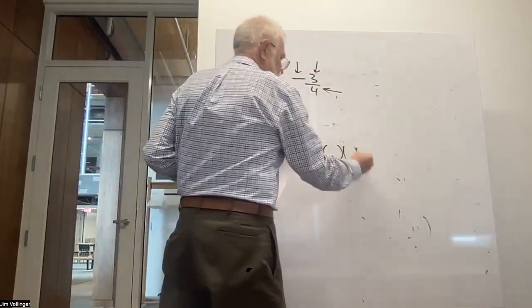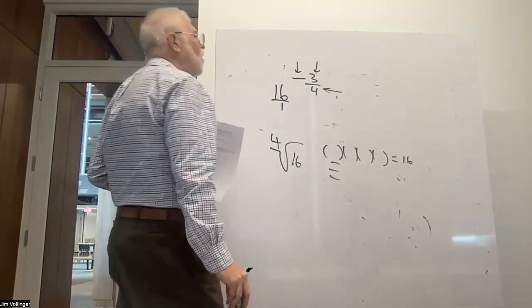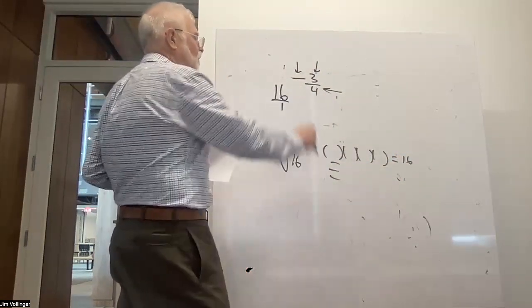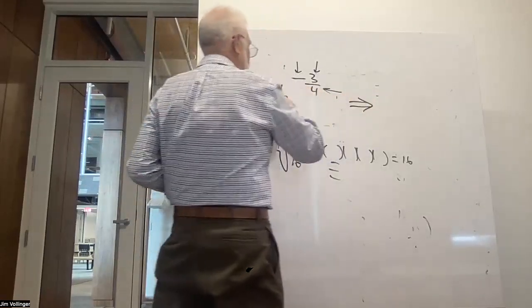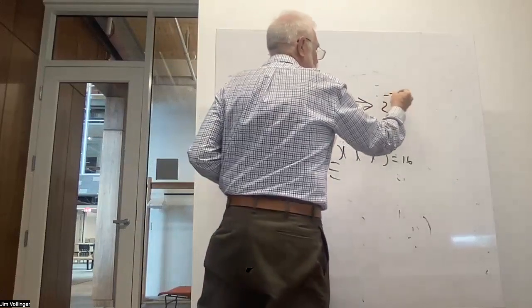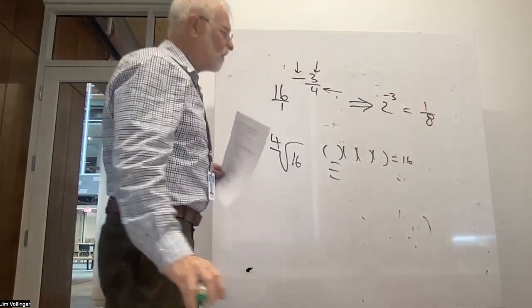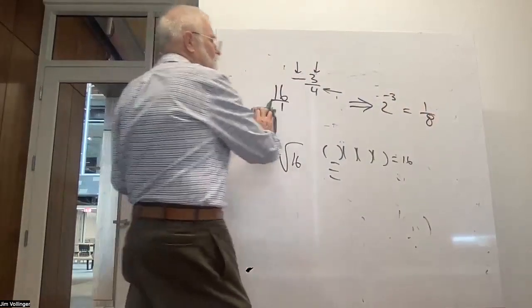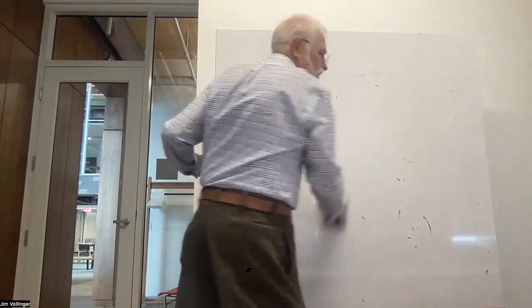Is there a number times itself 4 times that gives 16? Yes, that's 2. So this operation morphs into the 4th root of 16 is 2, to the negative 3. Let's just call that 1/8. We don't even need to talk about it anymore. You play that back if you want.